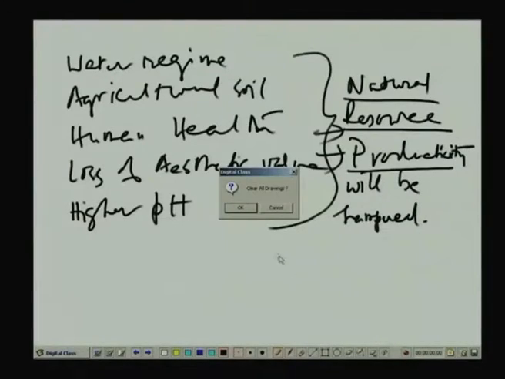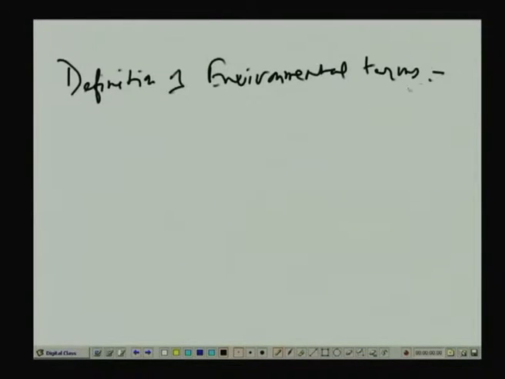Now here it is. This starts with the definition of environmental terms.